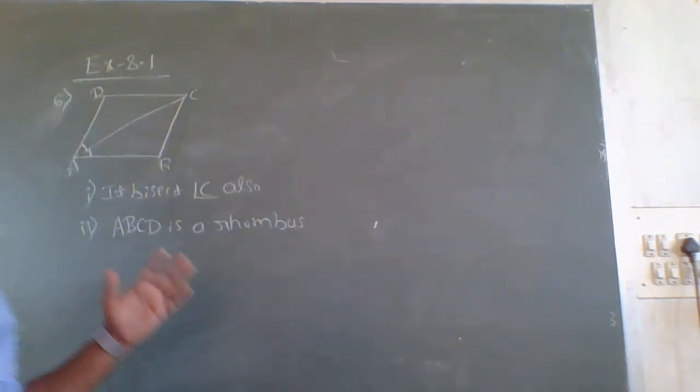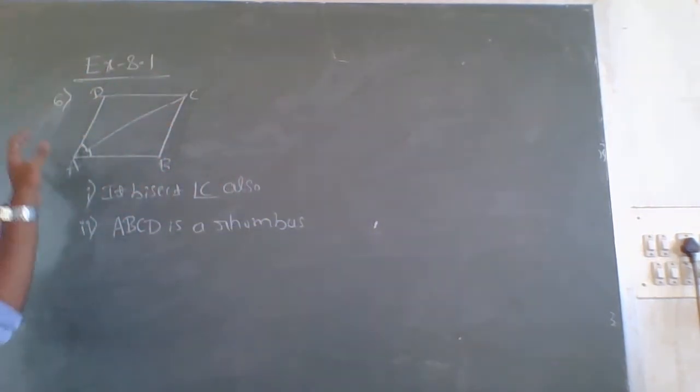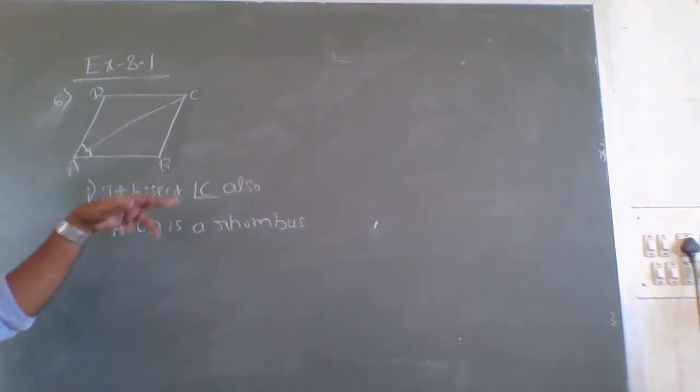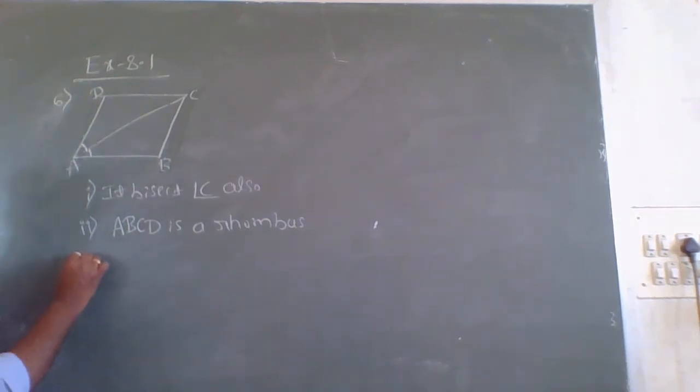But the difference is that in a rhombus all the sides are equal to each other. Therefore, if we prove all the sides are equal, then it is called a rhombus. First we have to prove that AC bisects angle C also. So now I will prove the first one.